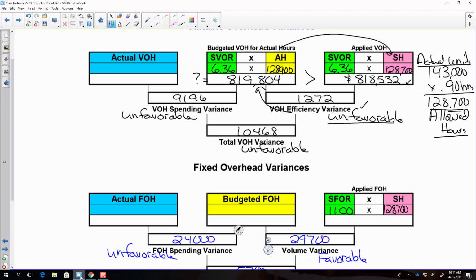So that's kind of a proof that we've done it in the correct direction. Teresa, let's do the other one. Same thing, we have to create the actual overhead. 829,000. Again, we added because it's unfavorable. This box is greater than this box.